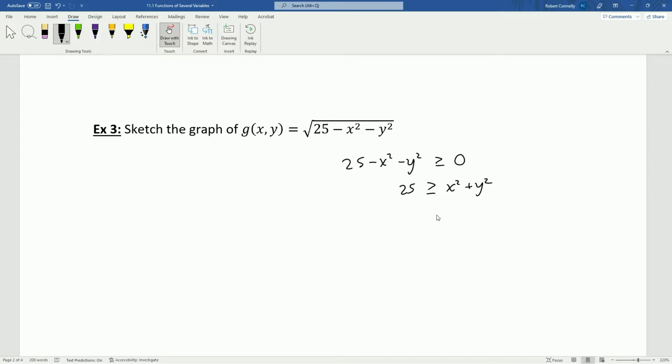So in the case of this particular graph, our domain is actually the circle.